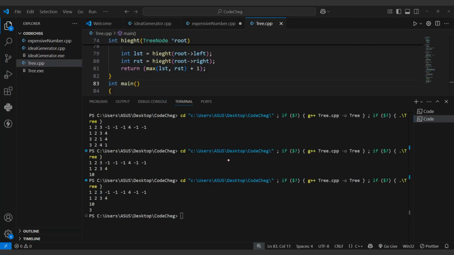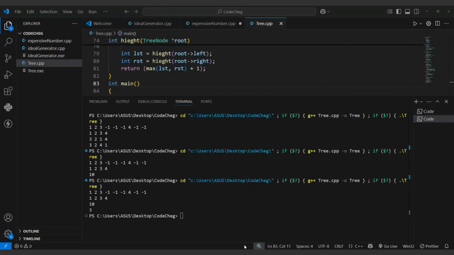When we are finding the diameter of a binary tree, it is not necessary that it would always pass through the root. You can see that in this case, it is not passing through the root.